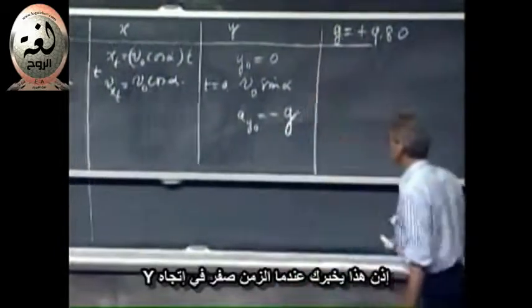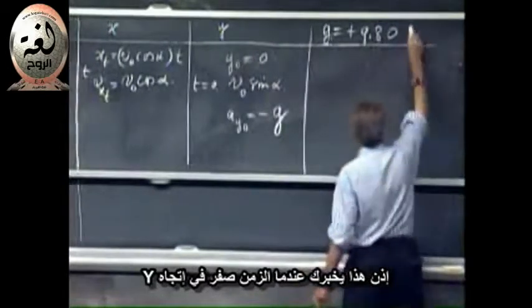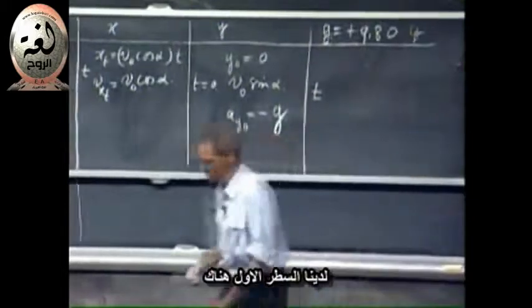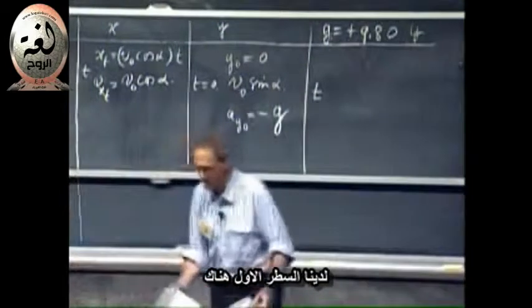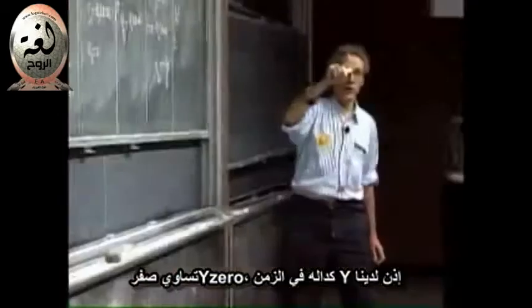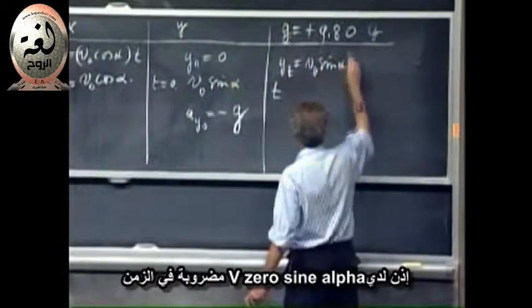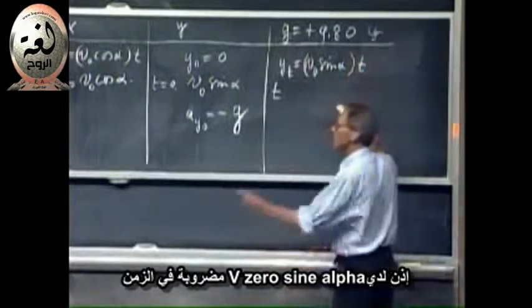So that tells the story at t equals 0 in the y direction, and now we have to complete it at time t equals t. At time t equals t, we have the first line there. y0 is 0, so we have y as a function of time. So I get v0y times t, so I get v0 sine alpha times t, minus 1/2 gt squared.